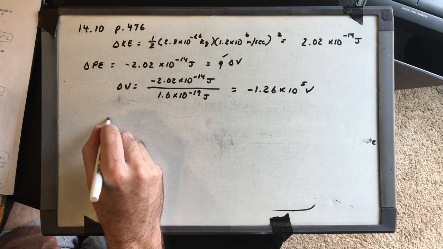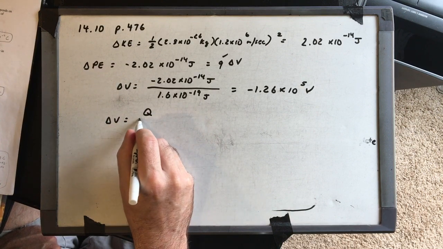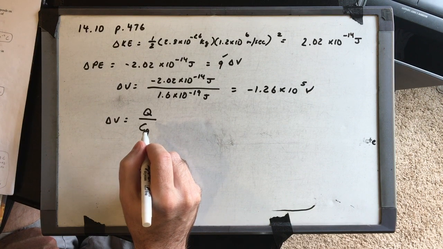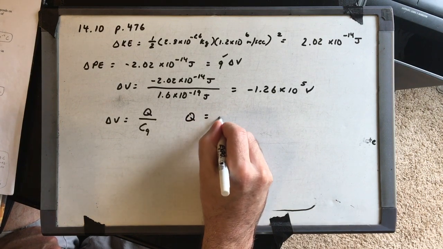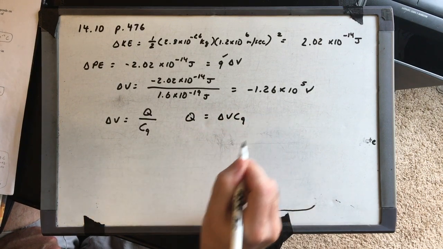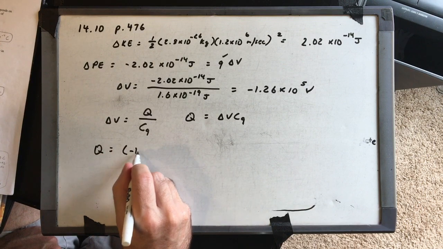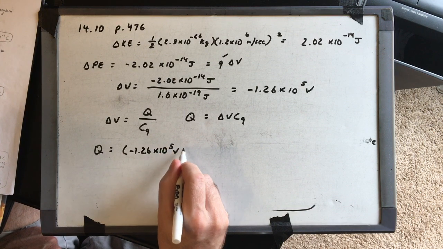Now we know that the change in voltage is equal to Q over the capacitance. And it asks us for Q. So Q is going to be equal to the change in voltage times the capacitance. Right? The change in voltage, negative 1.26 times 10 to the 5th volts.